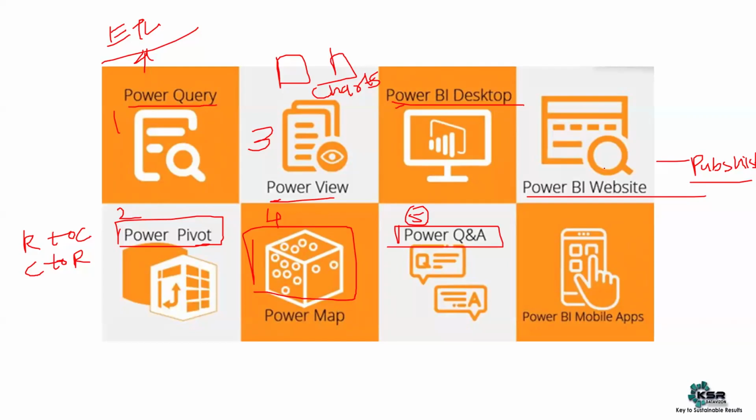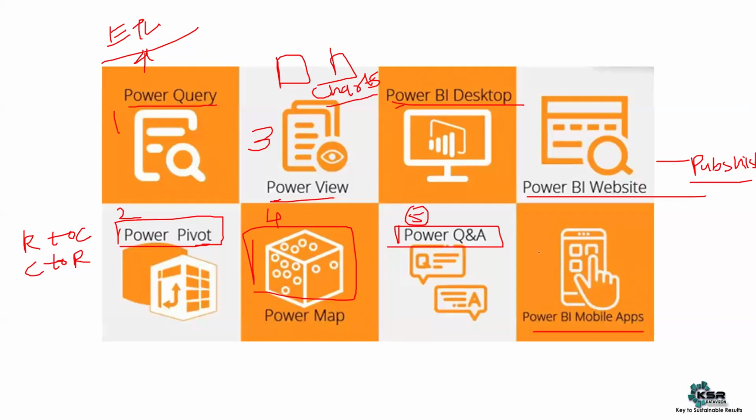This is used for publishing to the Power BI website. And there is also a new update. New in the sense that this update has been available for the last 3 years, but still it is a new update, which is your Power BI mobile apps. If you have developed a report in Power View where all charts are present, those charts are by default available for a desktop version.